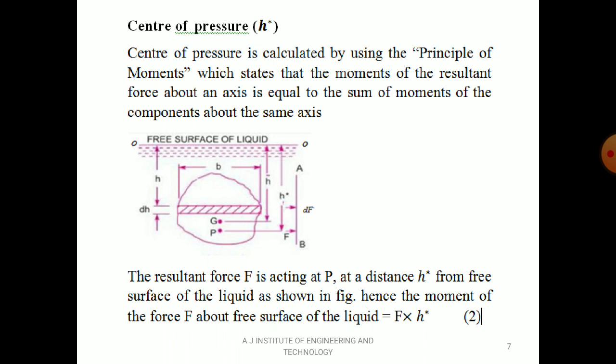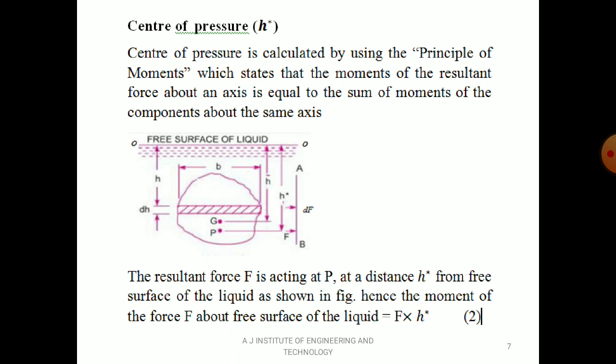F is acting at a distance of h star from the free surface, or OO. So F into h star is the moment of the resultant force. Now F into h star should be equal to the sum of moments of the components about the same axis. So we have to calculate the sum of moments of components about the same axis. I'll explain this in the next slide.